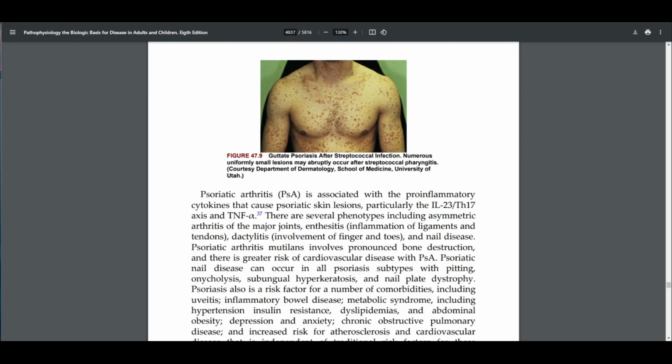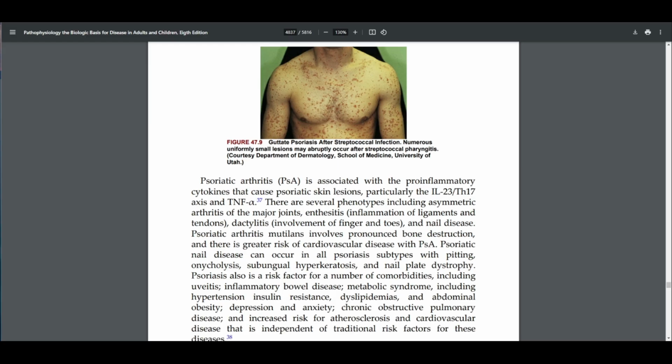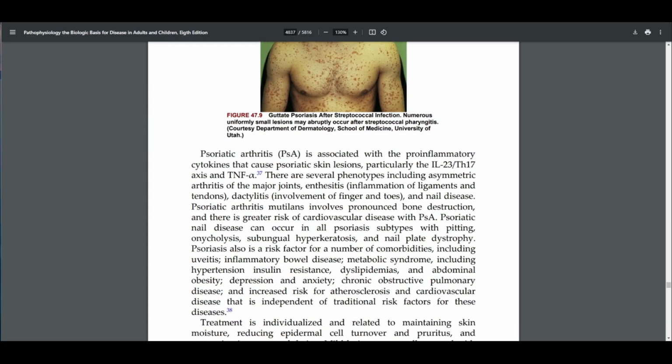Psoriatic arthritis is associated with pro-inflammatory cytokines that cause psoriatic skin lesions, particularly the interleukin 23, Th17 (T helper 17) axis, and tumor necrosis factor alpha. There are several phenotypes, including asymmetric arthritis of major joints, enthesitis, dactylitis, and nail disease.